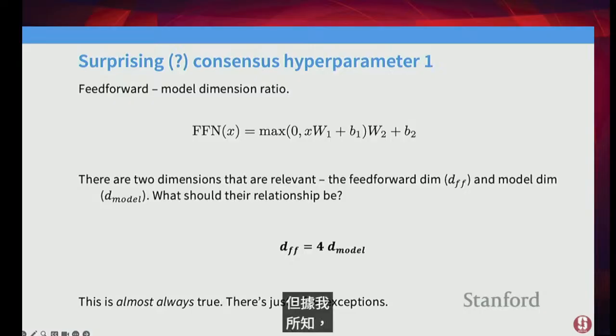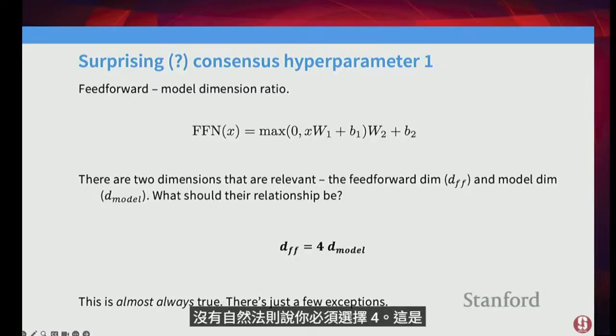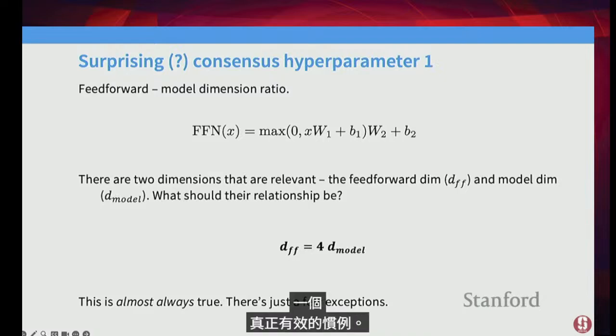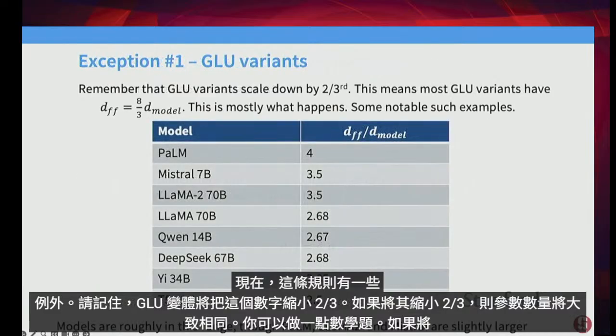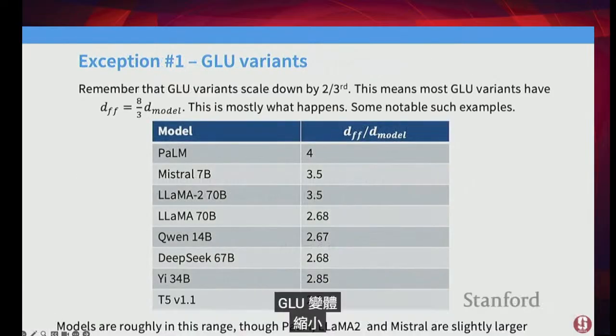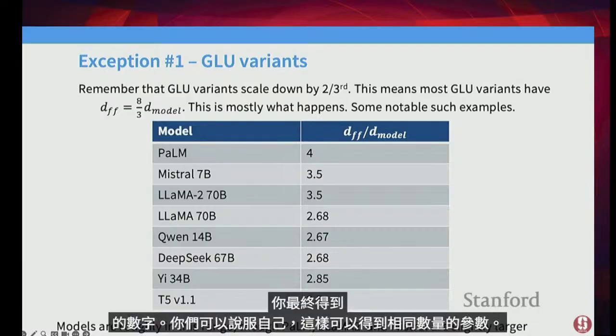But as far as I can tell, there's no law of nature that says you have to pick 4. This is a convention that has really held up. Now, there are a few exceptions to this rule. Remember that the GLU variants are going to scale this down by a factor of 2/3, and if you scale it down by a factor of 2/3, you're going to have roughly the same number of parameters.